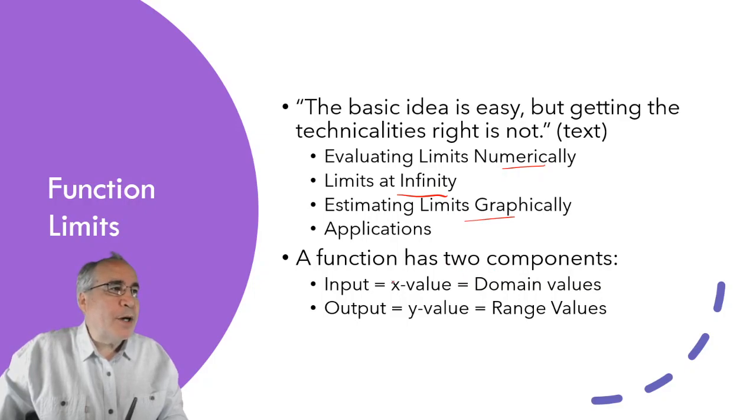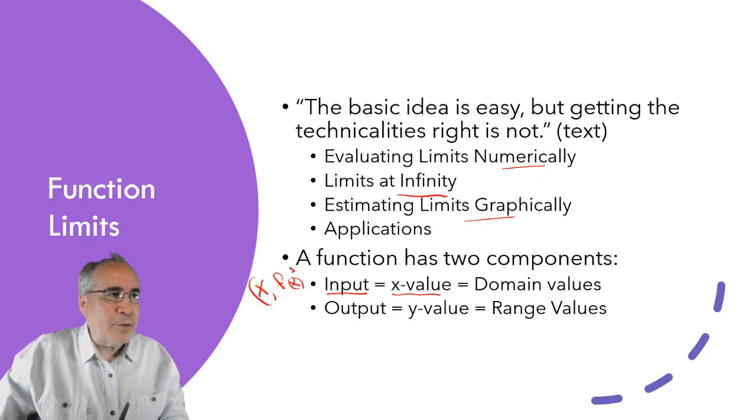The important part to remember is with functions, there's two parts. There's the input. The input is also the x value, the first part of the coordinate. Right, an ordered pair is x, f of x. So the first one is our input or the domain values.